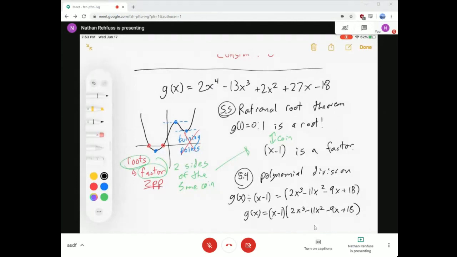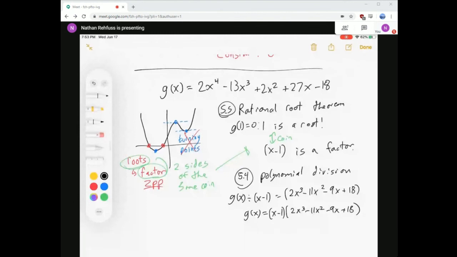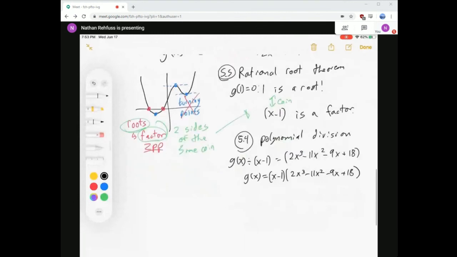So I'm going to take what's left and keep breaking linear factors off. It turns out x minus 1 goes in again, so we would repeat that process. I could write x minus 1 twice, and then the quotient turns out to be 2x squared minus 9x minus 18. From there, I can slide and divide. 2 times negative 18 is negative 36. What adds up to negative 9 and multiplies to negative 36?